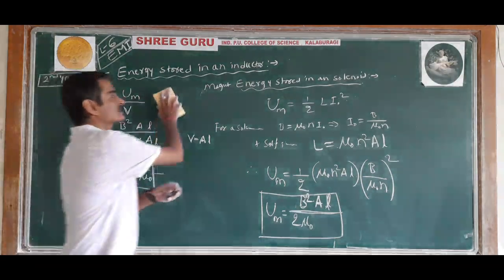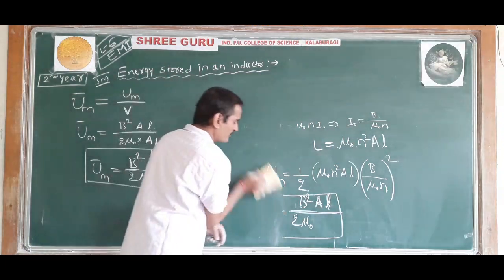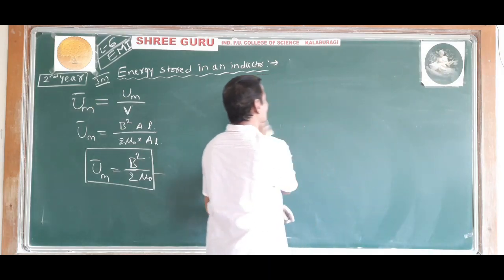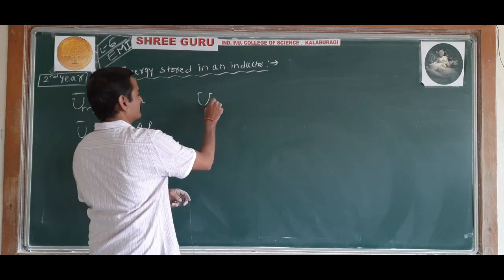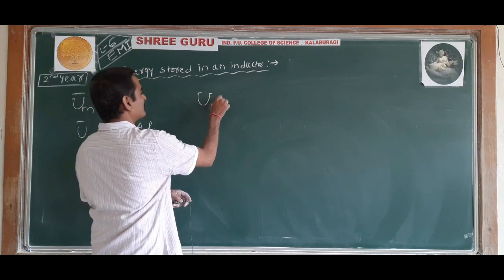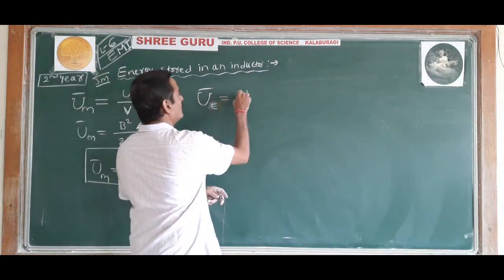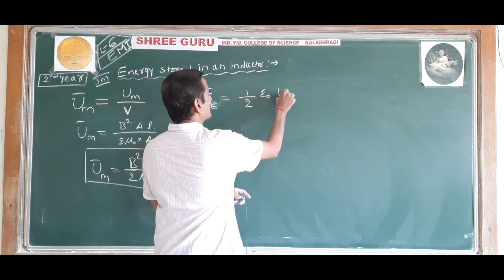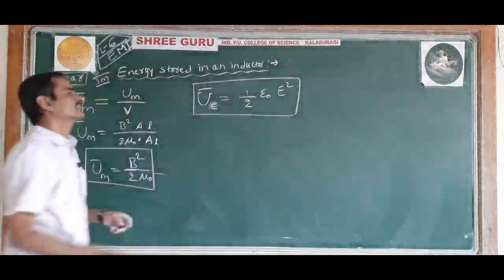So what is the formula for electrical energy stored in a capacitor per unit volume? I will write it as UE. That is equal to 1 by 2 epsilon naught into E square. So this is the formula for energy density of a capacitor.